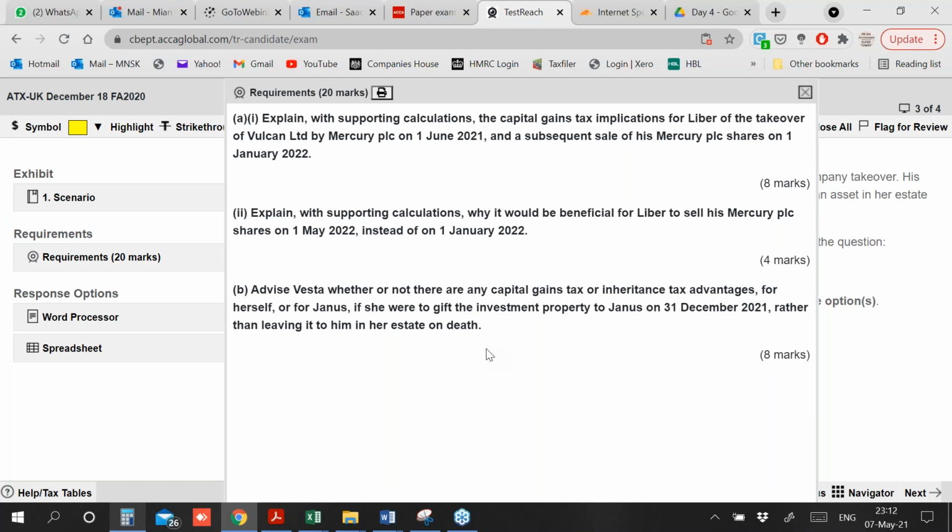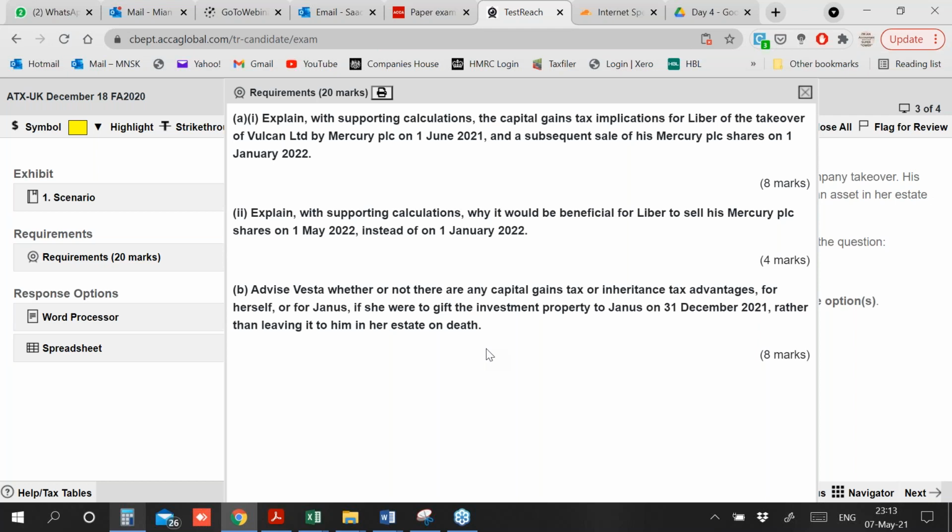And number two, she will not be disposing of any assets, because it was clearly mentioned in the question that she has not made any disposals during the tax year and she will not make any in the future. So what is the point of realizing a capital loss by gifting an asset to your son when you will not be making any disposals to relieve that loss? So there is no advantage to you.